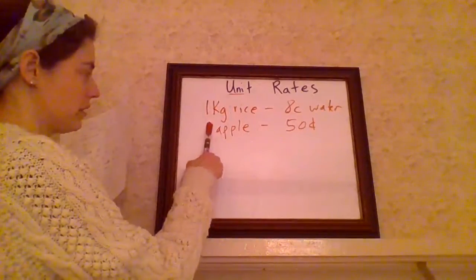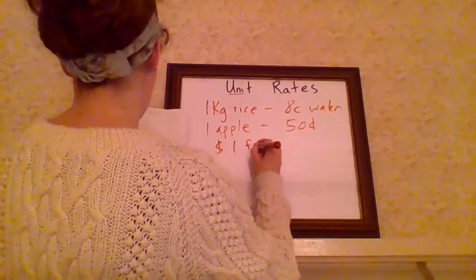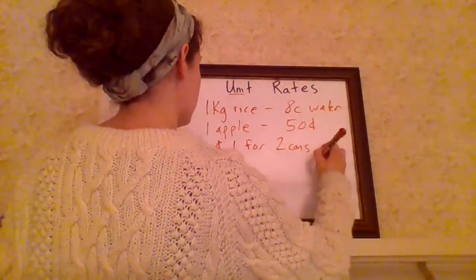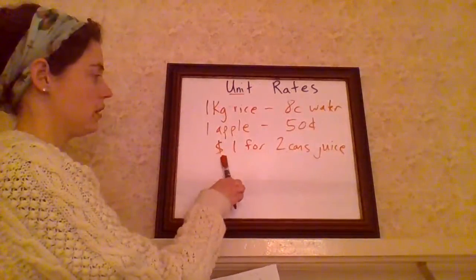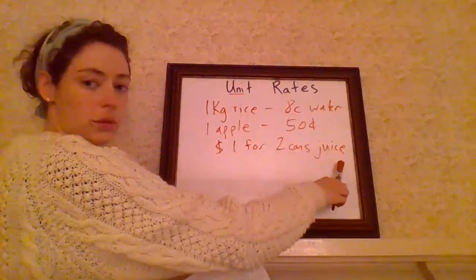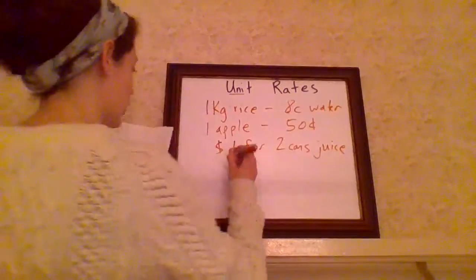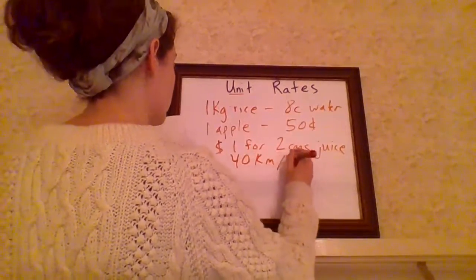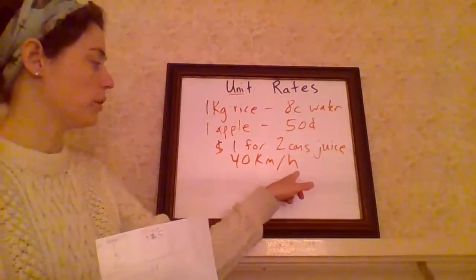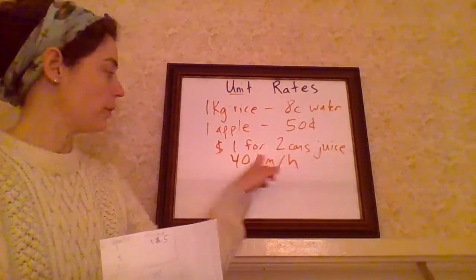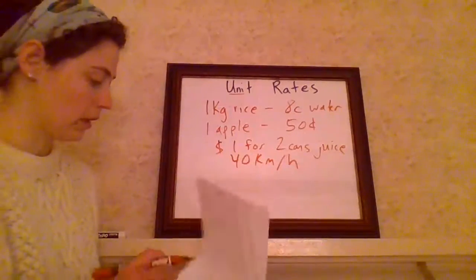And it's a unit rate because there's 1 apple. Or you could have $1 for 2 cans of juice. So the units would be dollars and cans of juice, and it would be $1 for every 2 cans. Or you could say you're going 40 kilometers per hour. So the two units that we have here are kilometers and hours, and there's 1 hour. In 1 hour you would go 40 kilometers. That's how fast you're driving.